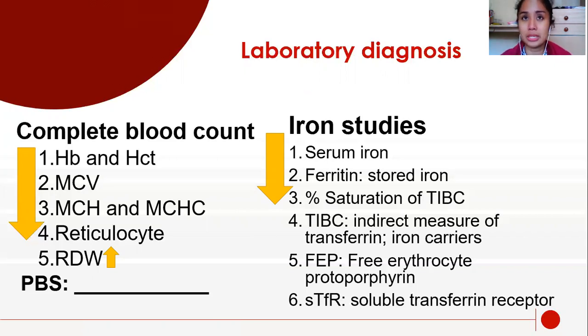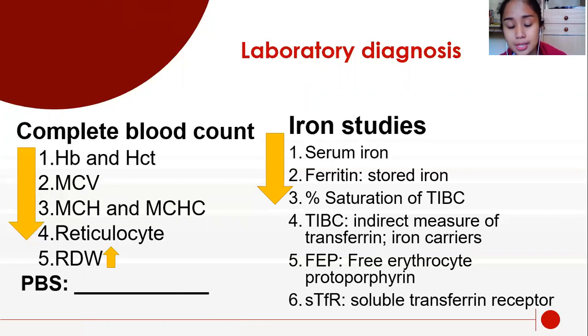Class, think of your transferrin, or your TIBC, as a jeepney. What we're counting in TIBC is the number of jeepneys. In percent saturation of TIBC, we are counting the spaces inside the jeep, the allowable space inside the jeep.